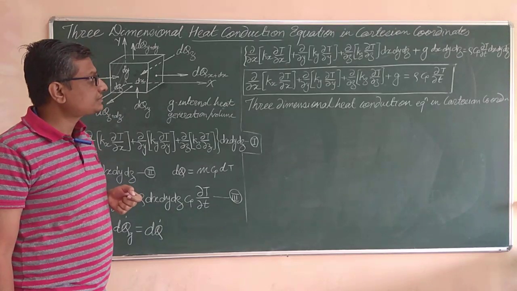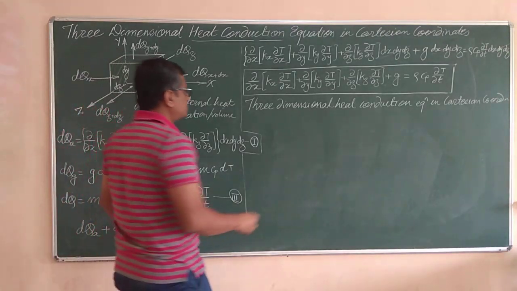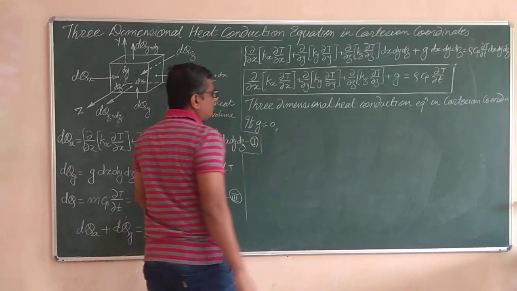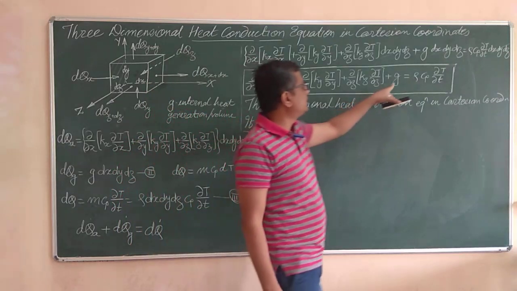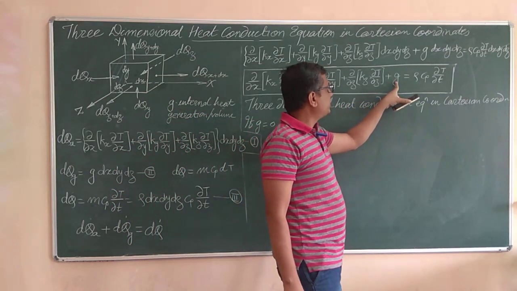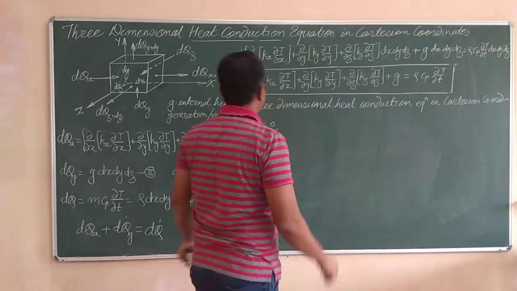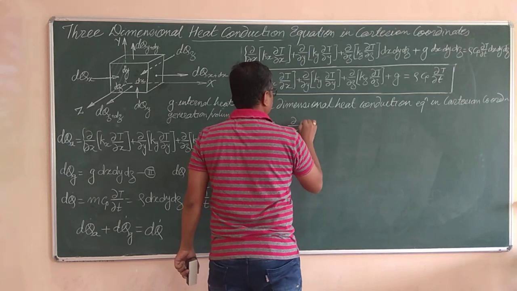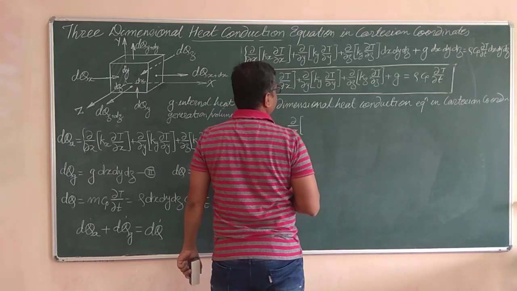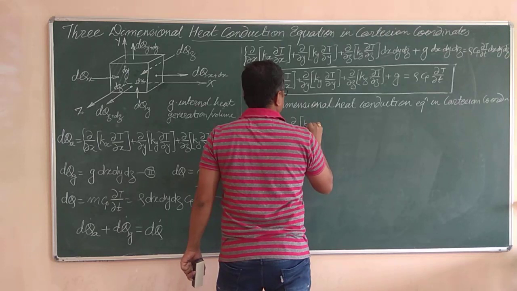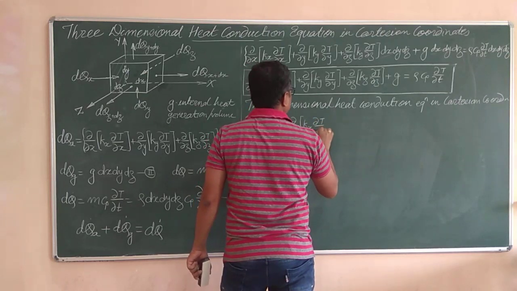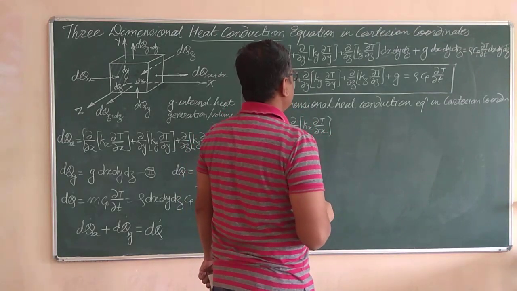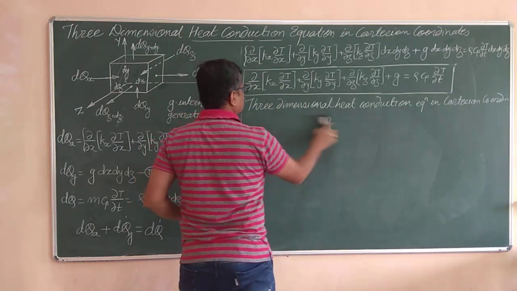For example, in a specific case, if g is equal to 0, what does it mean? It means the internal heat generation in that element is 0, and in that case this equation reduces to another form, that is ∂/∂x of kx ∂T/∂x. Or before we consider this g to be equal to 0, let us consider one more thing.